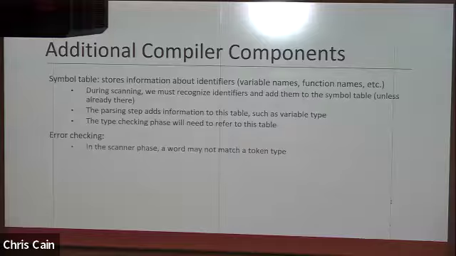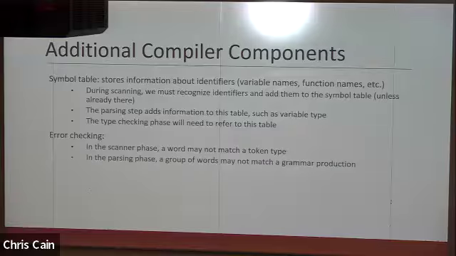There's also error checking. When we scan, there may be some particular string that does not match a valid token type, which may cause us to have to crash and report an error.